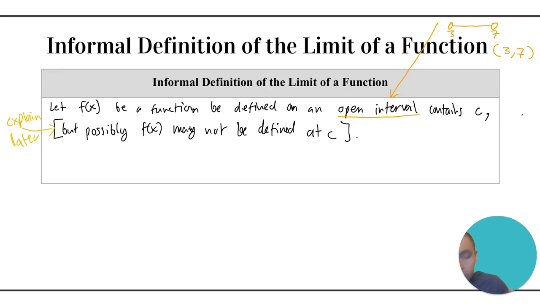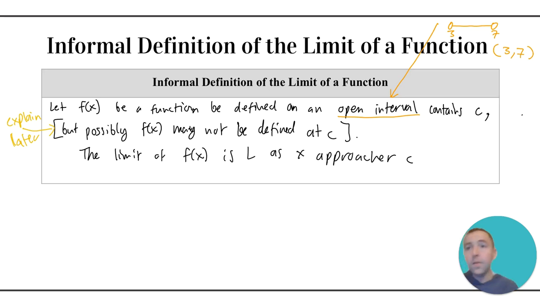Okay. All right. So now let's actually begin the definition now that I've given a little bit of setup right here. So here's what we can say. So we can say that the limit of f of x is L as x approaches C, and the way that we will write this in notation, let me use a different color, and we write this.